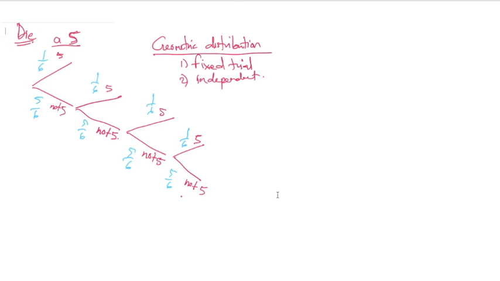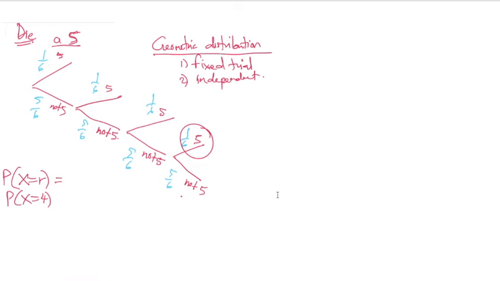So from here we can deduce a formula. For the geometric distribution, P(X = r), until you hit your target. Let's say on the fourth time you already got it. Then it will be P(X = 4), because on your fourth trial you got your 5.